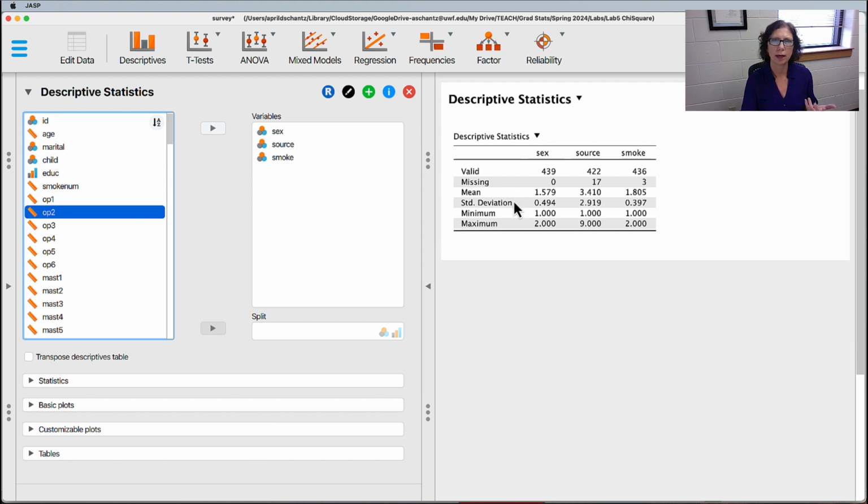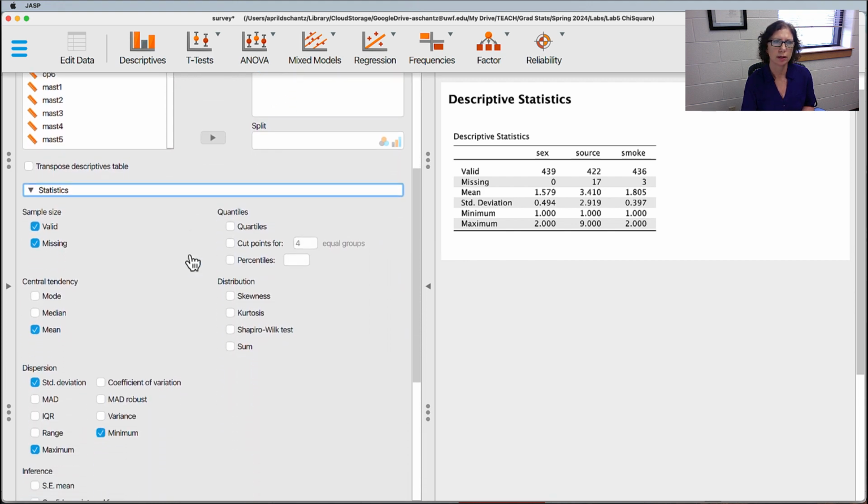Now, for categorical variables, the mean and standard deviation are not worth anything to us. Like if sex is coded as 1 and 2, saying that I have a mean of 1.6, okay, thanks, right? So what we want to do is look in our statistics area, and we don't need the mean.